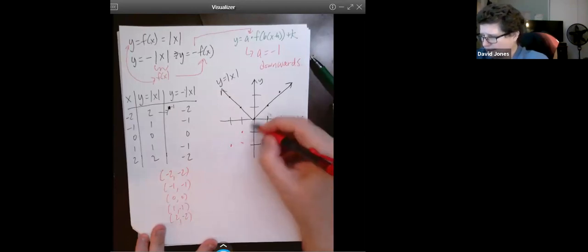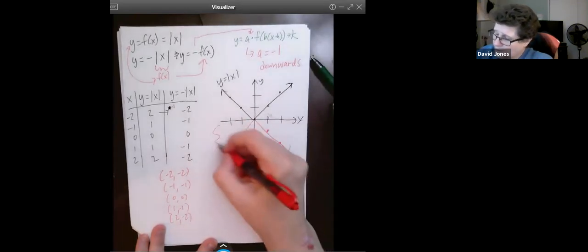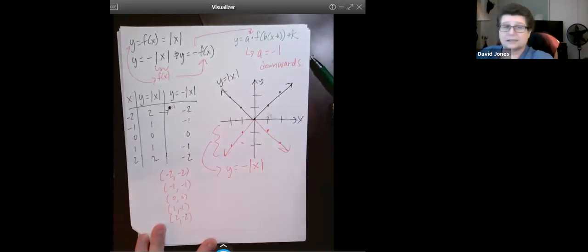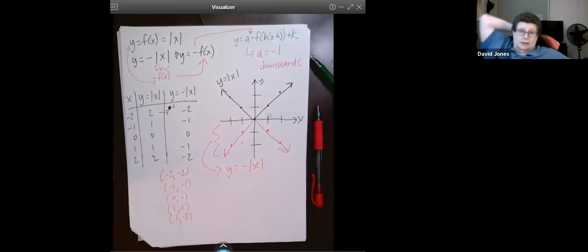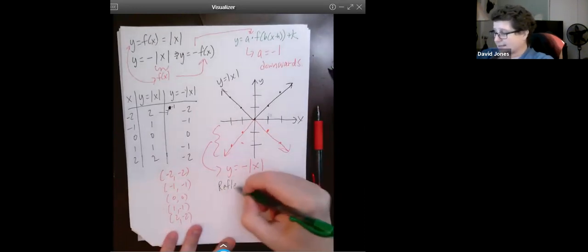It's going downwards. So that part is y equals negative absolute value of x. We call these reflections. This is a reflection across the x-axis.